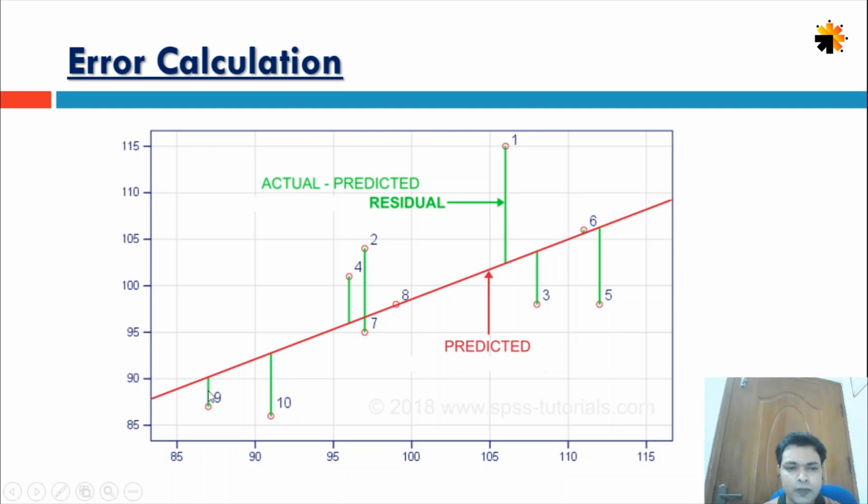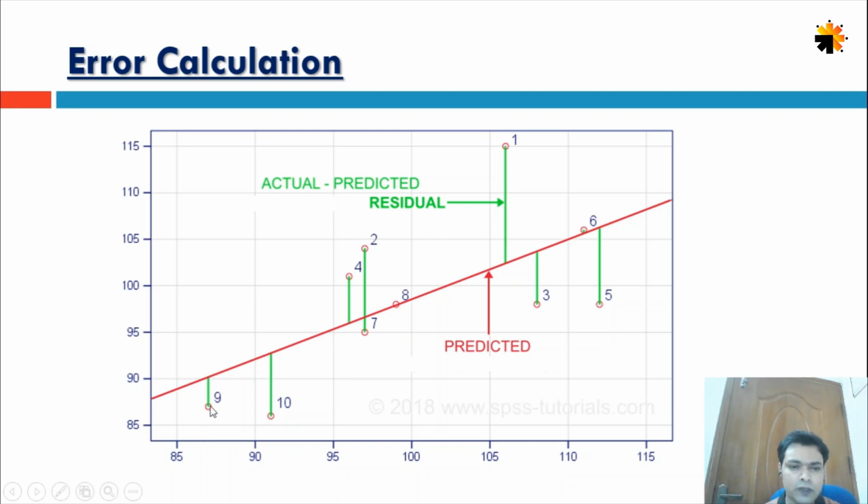Now you see, if I take yi minus y hat, where y hat is whatever I have calculated and yi is the actual value, this will be negative here.